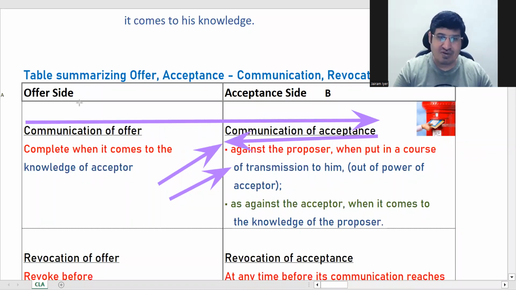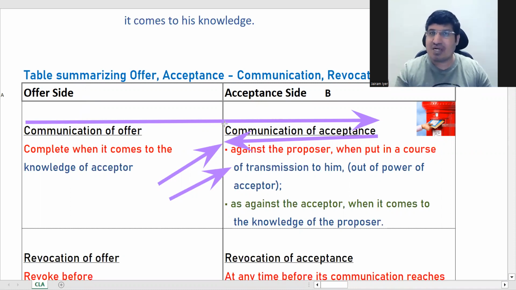One point you need to appreciate here is the offerer has the time to revoke, not till it reaches the acceptor. It reaches the acceptor, he thinks about it, and he accepts and posts. Till that time he has time to revoke, not till the time when it has reached the acceptor.